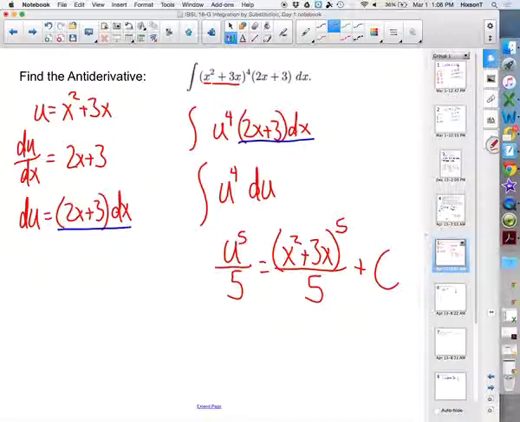So we just integrate this. Ignore the fact of where we came from at this point. Just keep it simple. What's the integral of u to the 4th? u to the 5th over 5. After you do that, then you're substituting back in what u was.